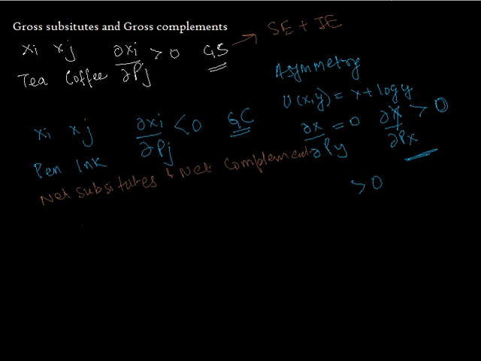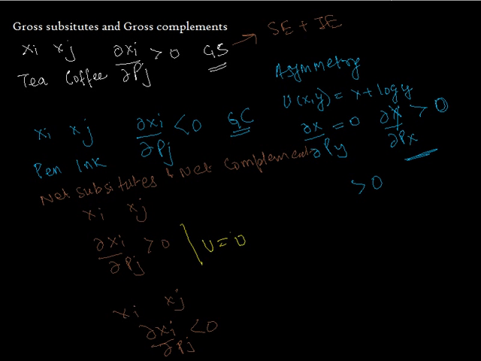Now, in case of the net substitutes definition, xi and xj are said to be net substitutes if del xi by del pj is greater than 0, and they are said to be net complements if del xi by del pj is less than 0, with one condition: that utility is kept constant.